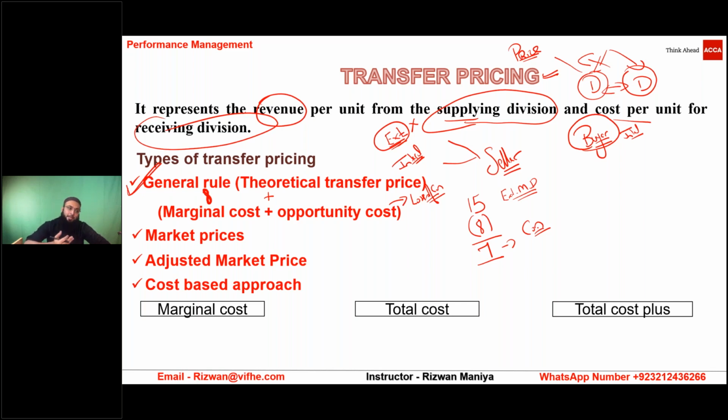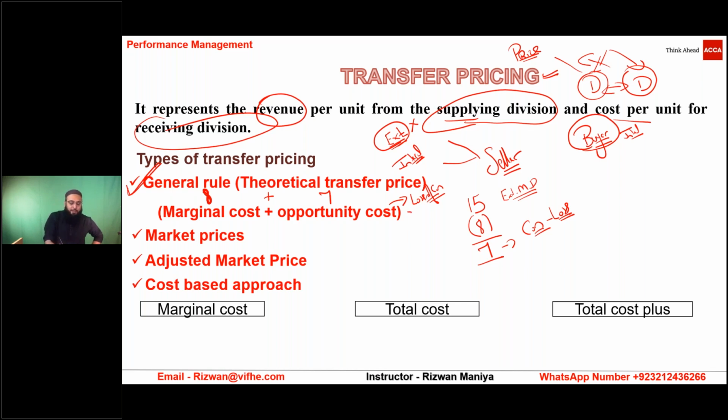Now, if I'm not selling a product externally, how much loss per unit am I incurring? It is 7, because I'm selling to you internally. So for each unit, I'm losing $7 contribution. Why should I? So I will charge this 7 loss to you. You have to bear this. That's my opportunity cost. Listen very carefully.